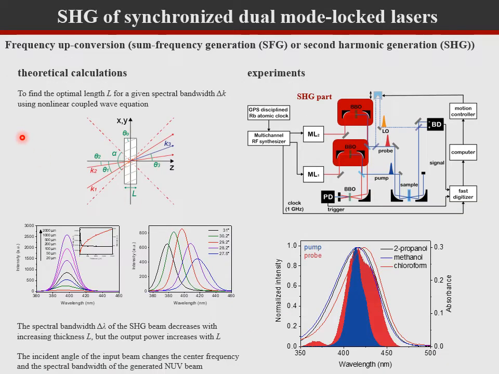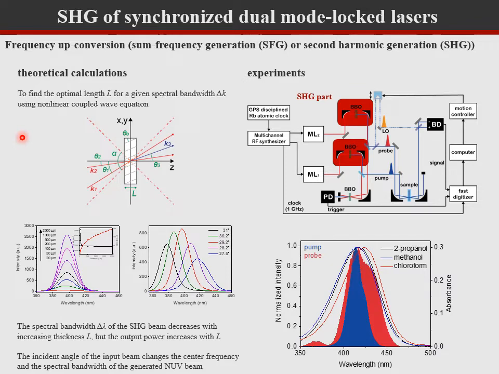First, we generated NUV radiation sources by frequency conversion. To find the optimal length L for a given spectral bandwidth Δk, we performed theoretical calculations solving a series of nonlinear coupled wave equations and simulated the spectral evolution of the second-harmonic generation field and the nonlinear conversion efficiency of each frequency component in the broadband pump pulse.